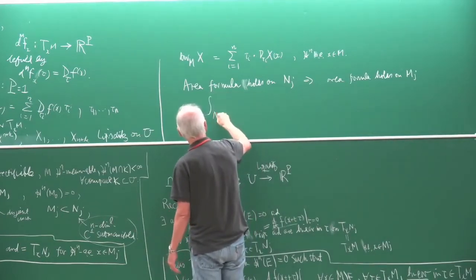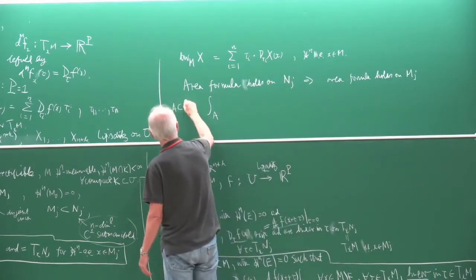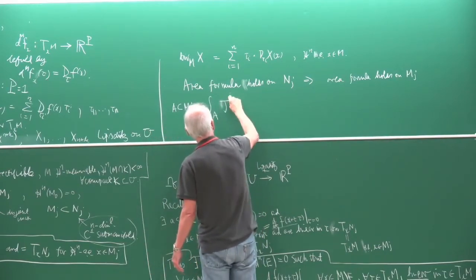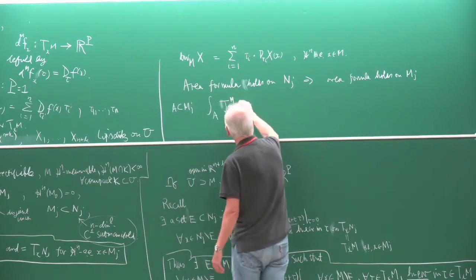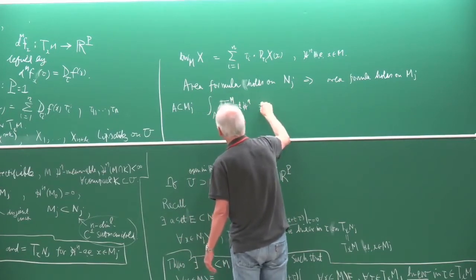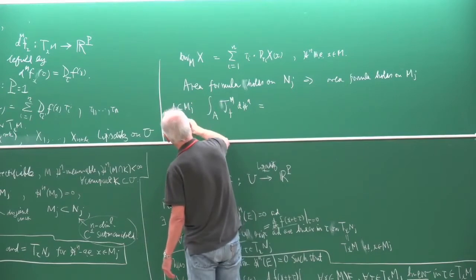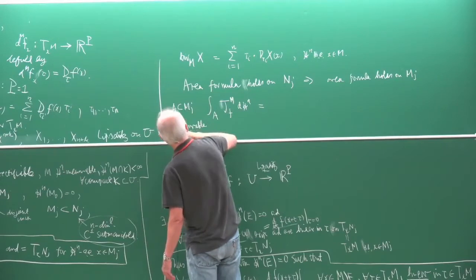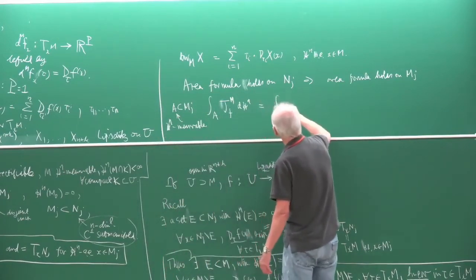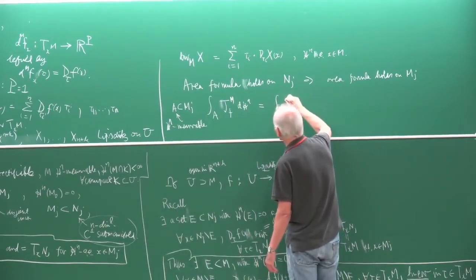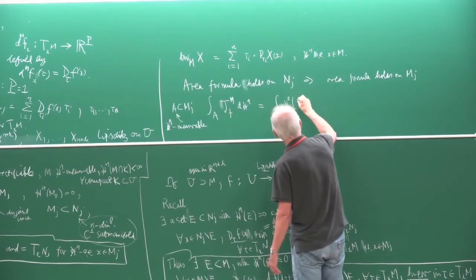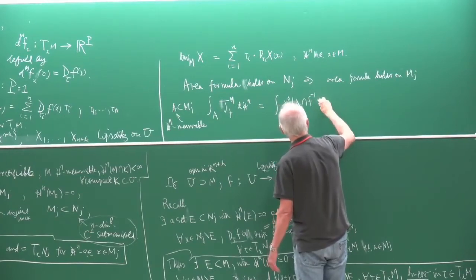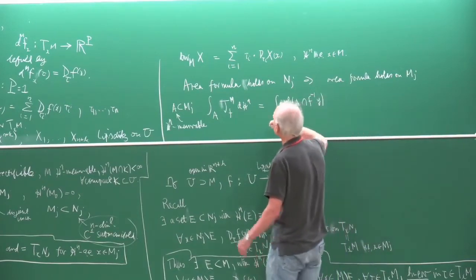If you take a subset A contained in M_j, then the integral of the Jacobian J_M f dH^n over A, this has to be H^n measurable, of course, is equal to the integral of the number of points in the pre-image, A intersect f^-1(y), dH^n(y).